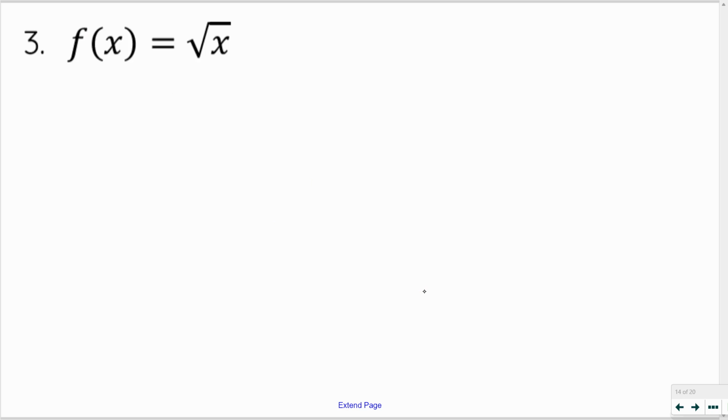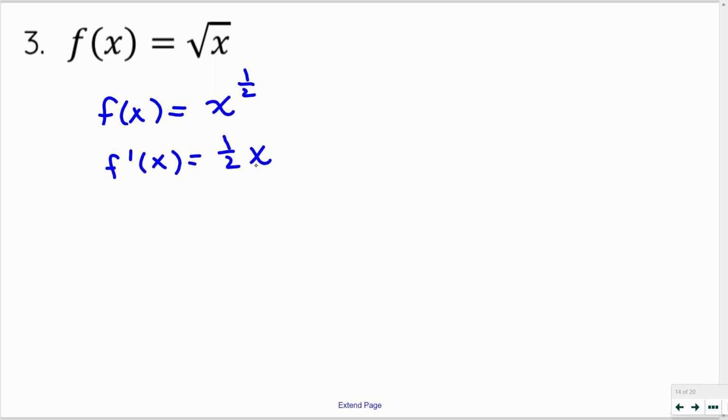Let's try another one. So in this one here, square root of x. So again, I want to write that as a power so that I can apply the power rule. So I'm going to write that as x to the exponent of 1/2. So to do the derivative, I bring the exponent down and decrease my power by 1.